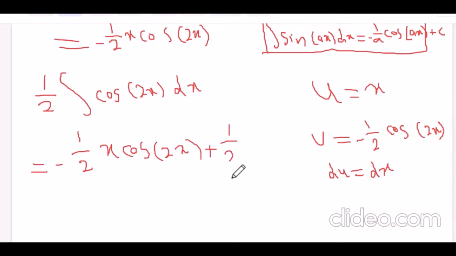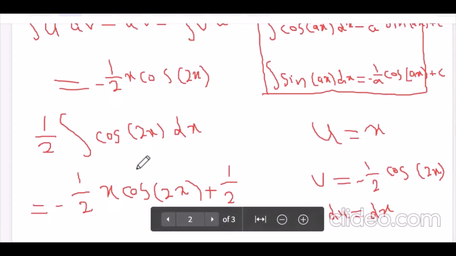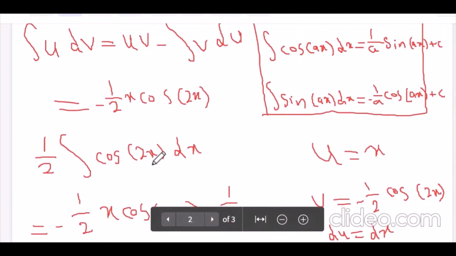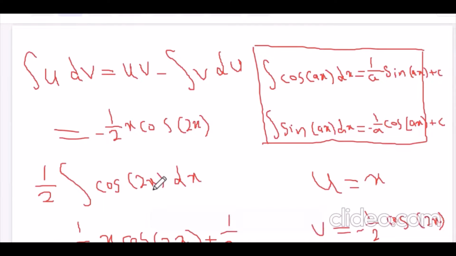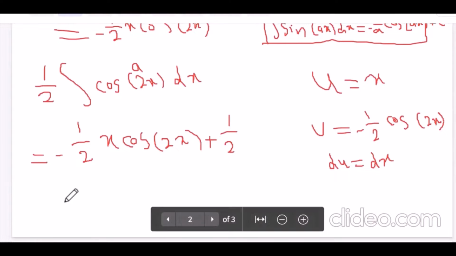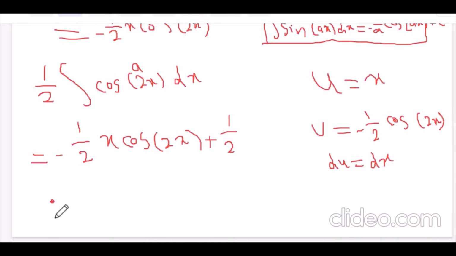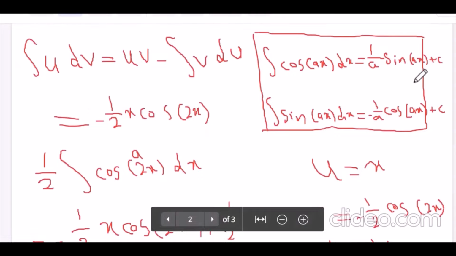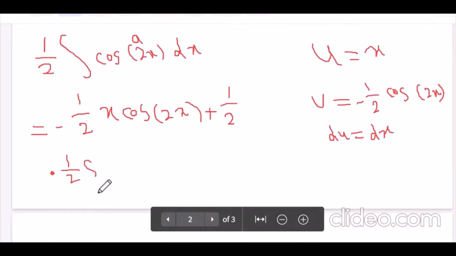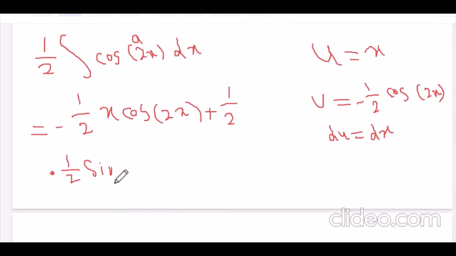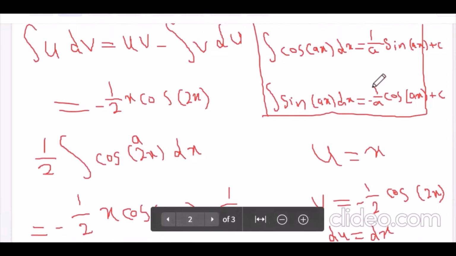Okay, now I'm going to integrate this part. So here I'm going to use the first rule because it's cosine. So 1 over a, where a is 2, times 1 over 2. Then we have sine ax, which is 2x, then plus c.